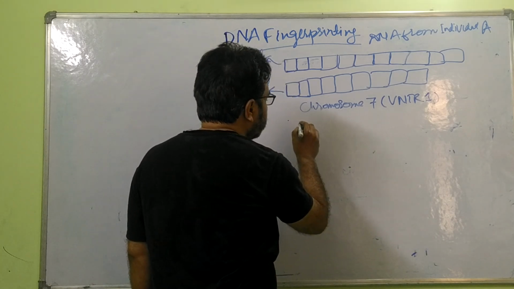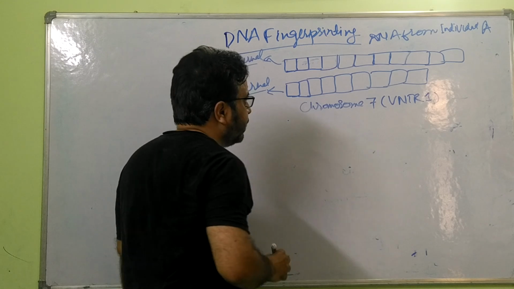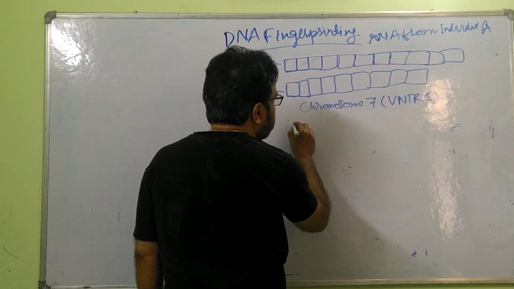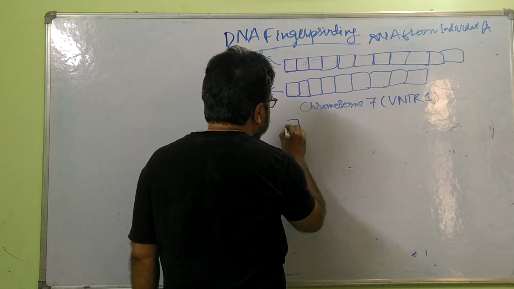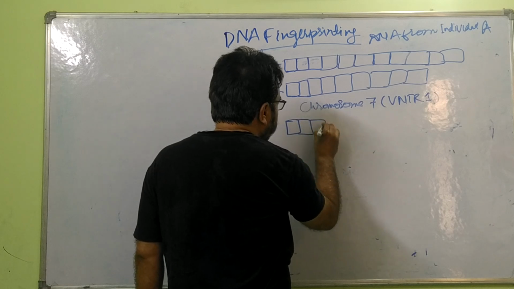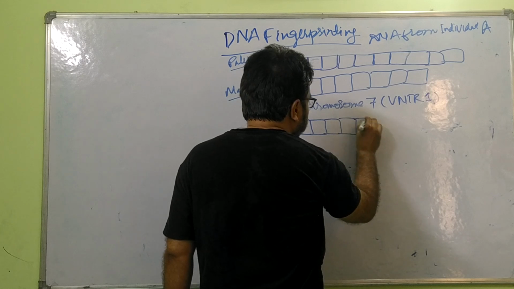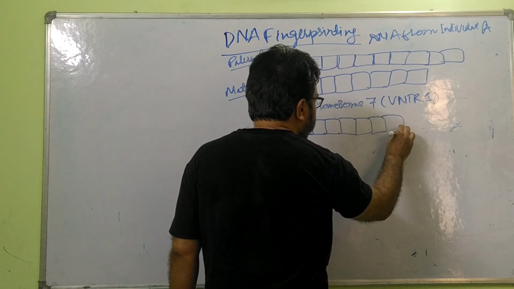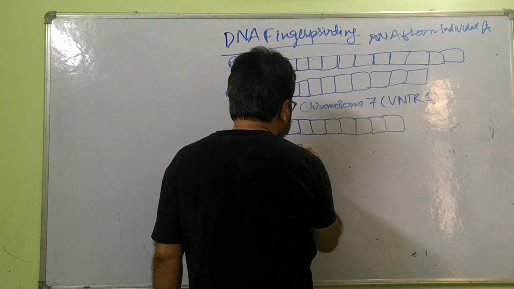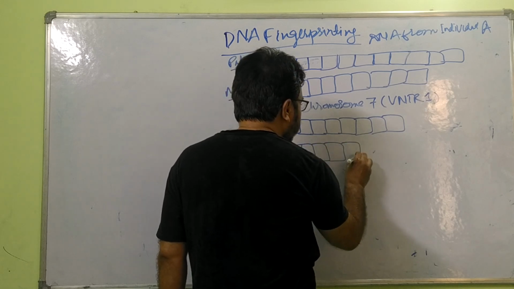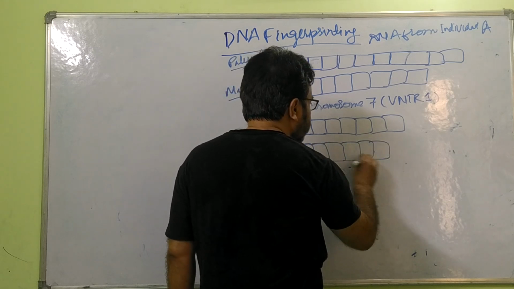And the next VNTR is having 8 units repeated 1, 2, 3, 4, 5, 6, 7, 8, and the second allele is 7, 1, 2, 3, 4, 5, 6, 7.